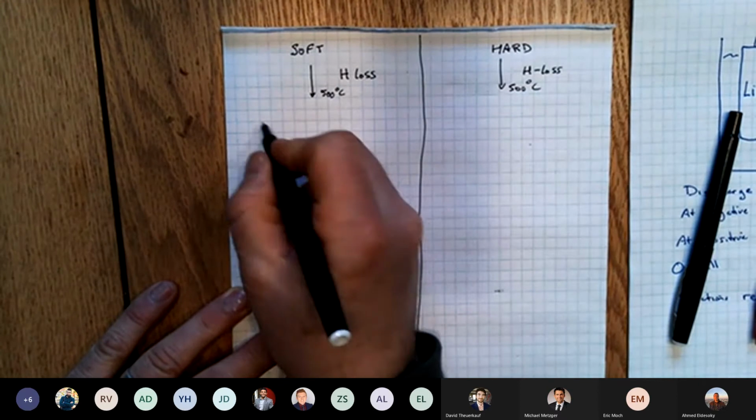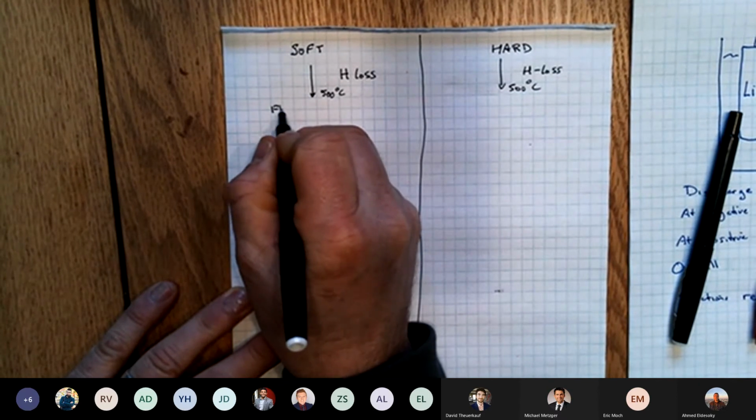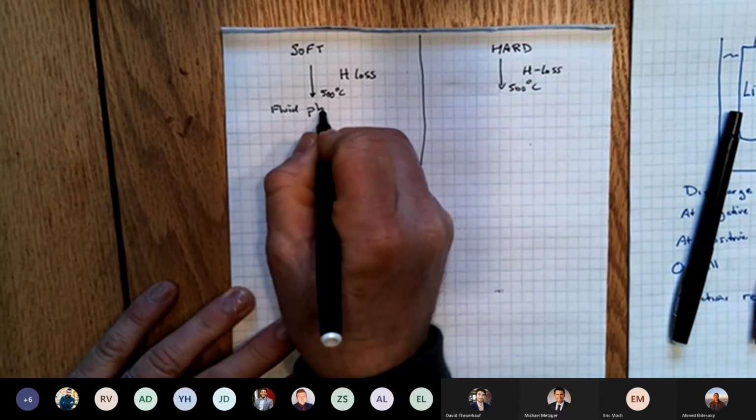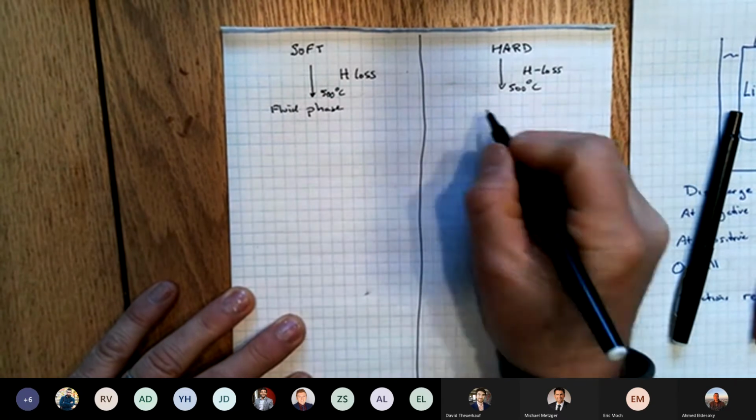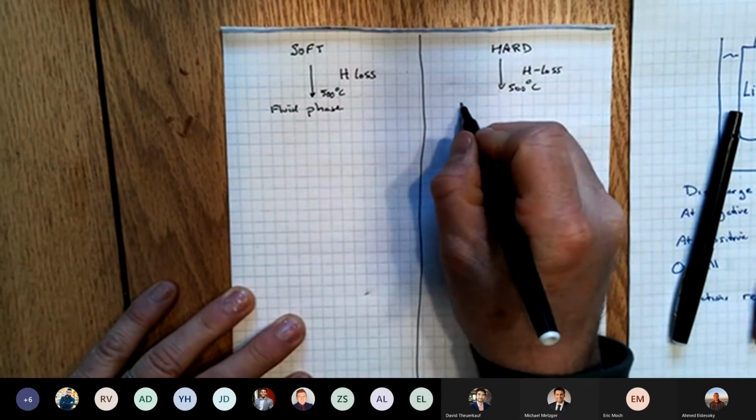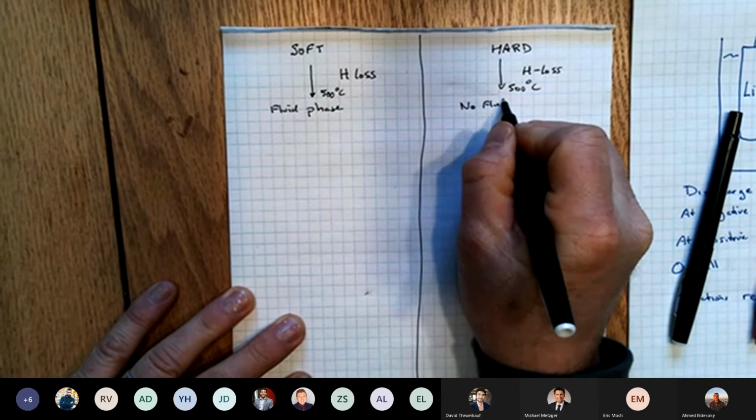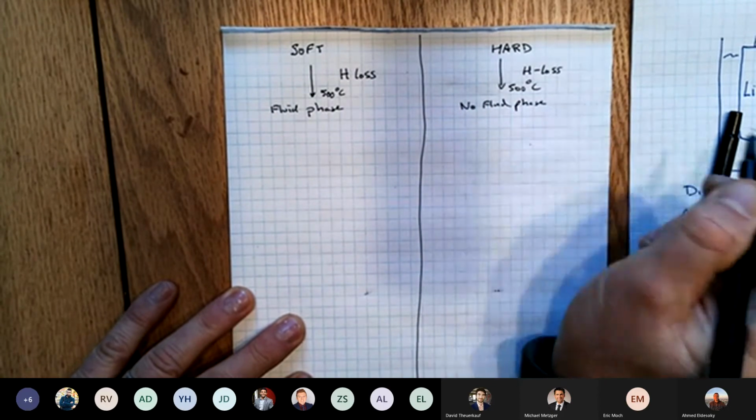In the case of soft carbons, you have a fluid phase. Over here, you don't have a fluid phase.